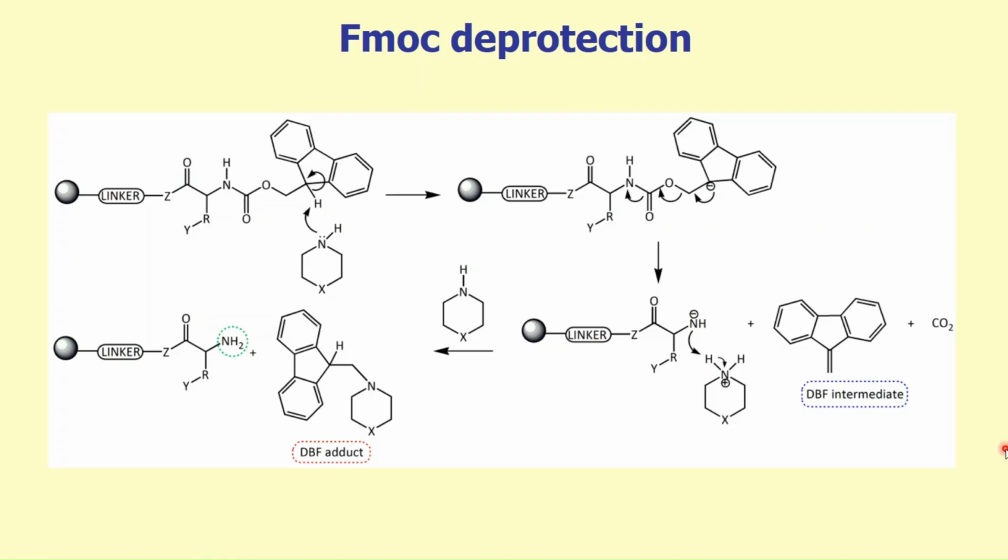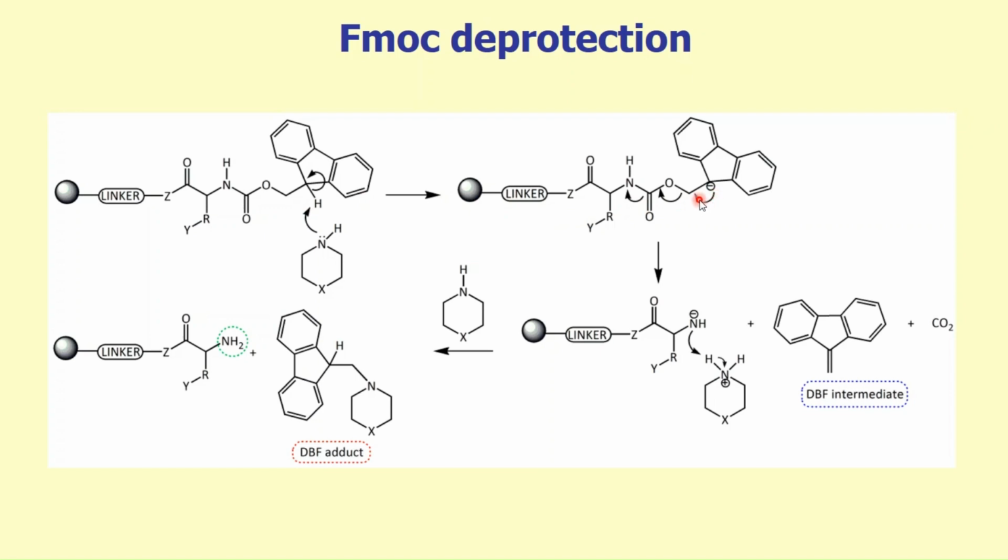The Fmoc is deprotected by using piperidine, a secondary amine, a mild base. The acidic proton is removed by the piperidine, giving rise to the carbanion, which is unstable.